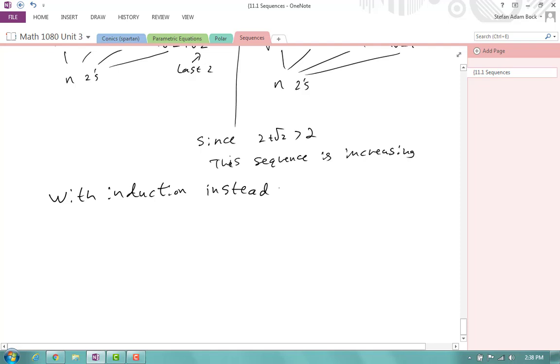So it's set up like this. I have some base cases to show that it's true at least once. B sub 1 is equal to the square root of 2. B sub 2 is equal to the square root of 2 plus the square root of 2.